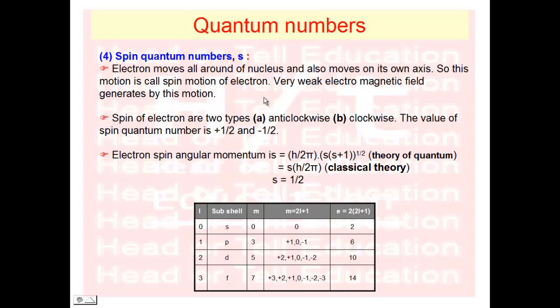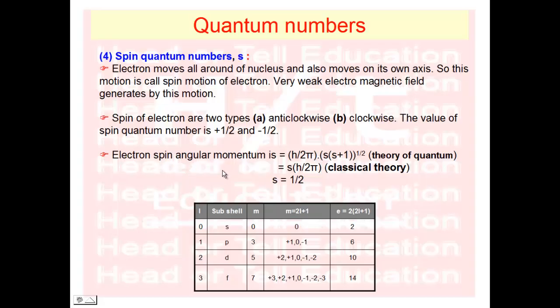Now, the spin of electrons is of two types. The first one is anti-clockwise and the second one is clockwise. The values of the spin quantum number are plus half and minus half.